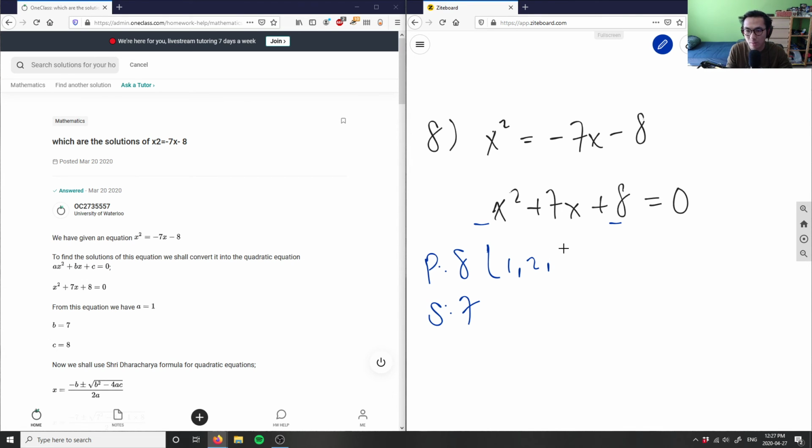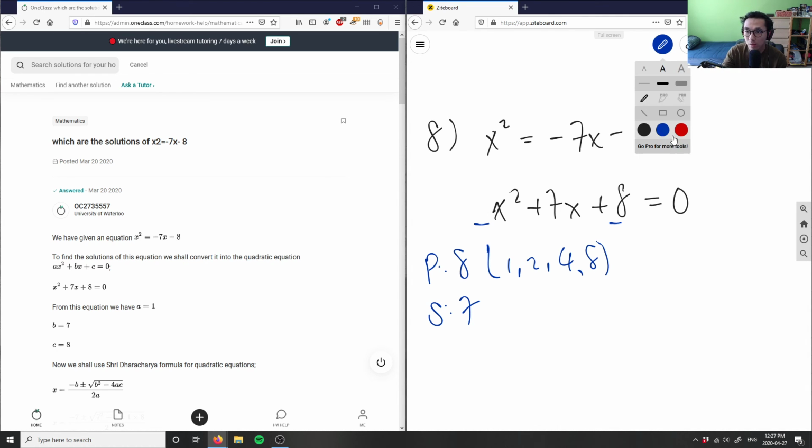And I don't think a combination of these values is going to sum to 7 here, because I need a positive number. So in this case, I can't use factoring by inspection, and I'm going to have to use the quadratic formula to solve this problem.